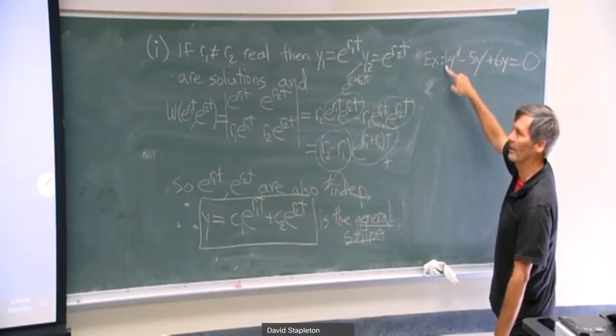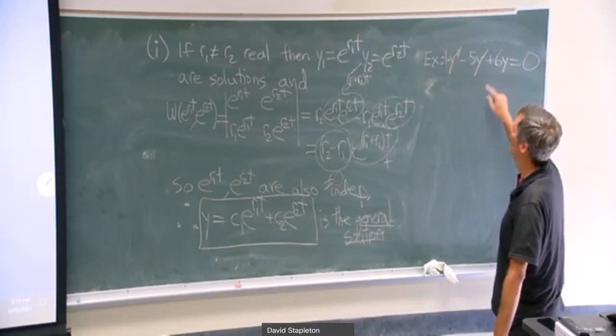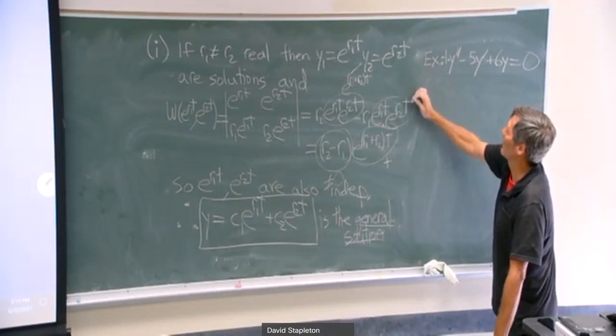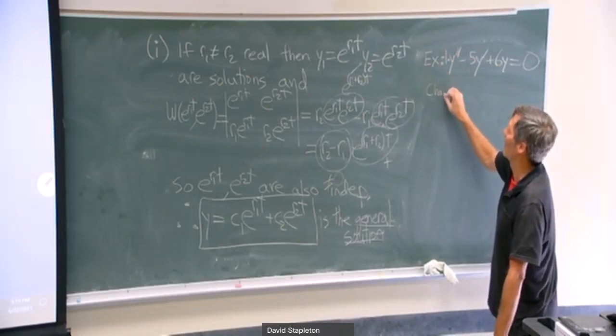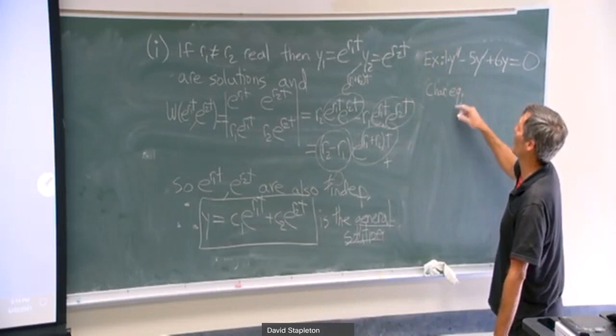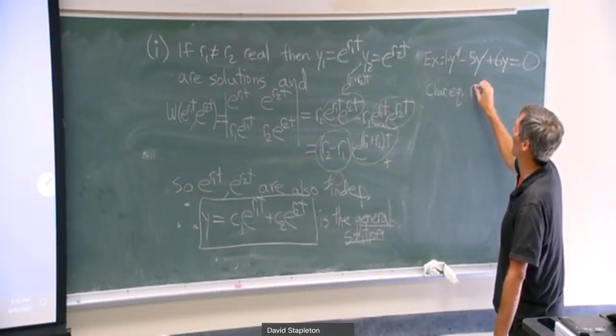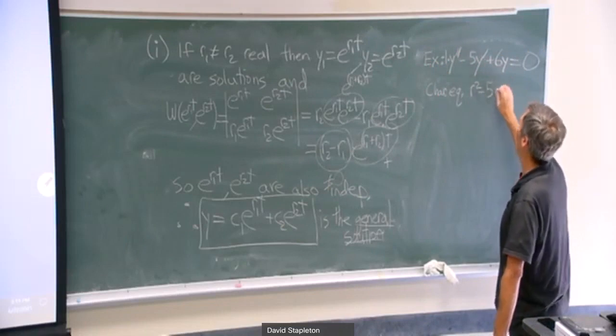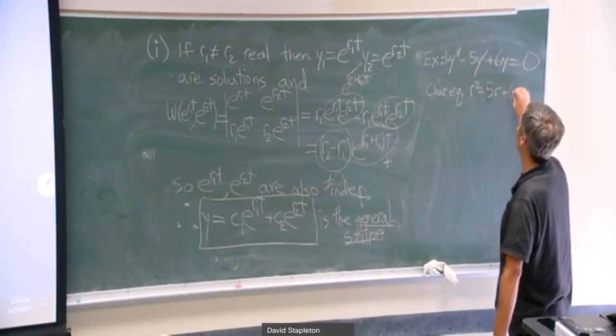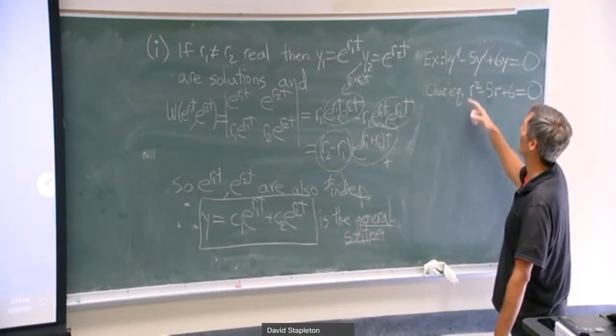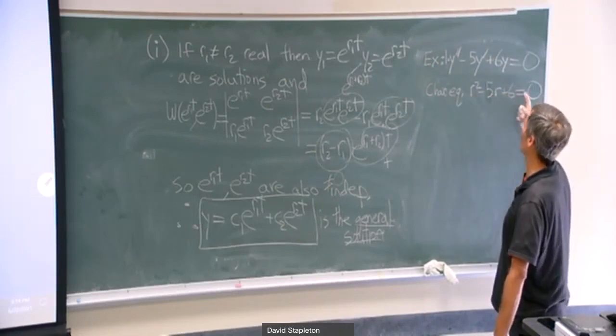Think of a 1 being here. That's a, b, and c. What do we do to solve this? We write down the characteristic equation, which is the same thing with r squared replacing y double prime, r replacing y prime, and 1 replacing y. So it's ar squared plus br plus c equals 0.